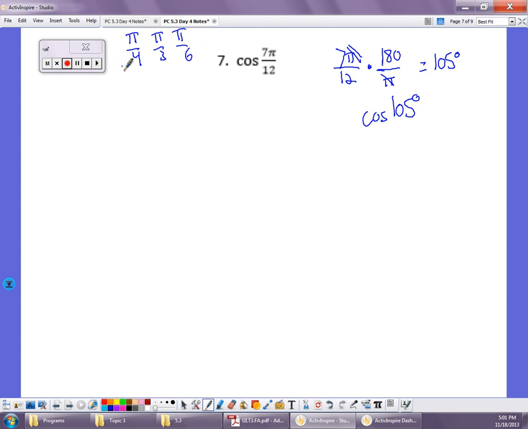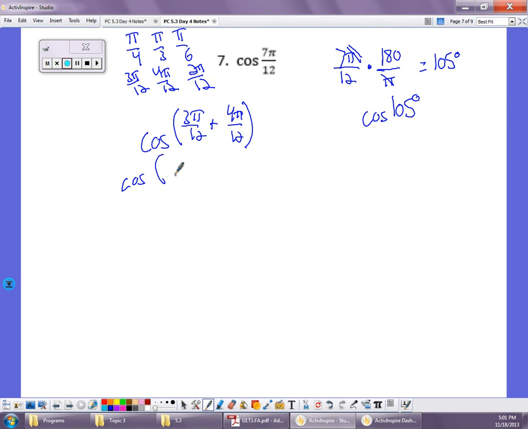So if we're in 12ths, that would be 3 pi over 12, 4 pi over 12, and 2 pi over 12. Sorry about the handwriting. It's getting worse. So you notice right away 3 and 4 add up to 7. So we can use those. So 3 pi over 12 plus 4 pi over 12, and that'll equal 7 pi over 12.